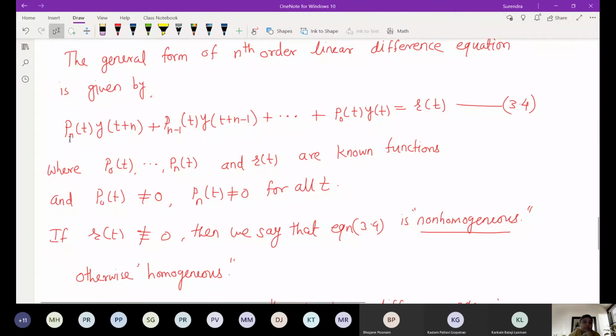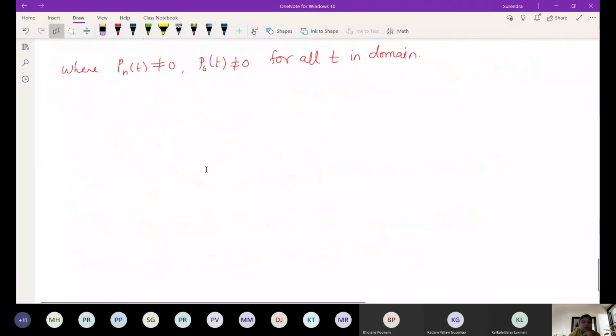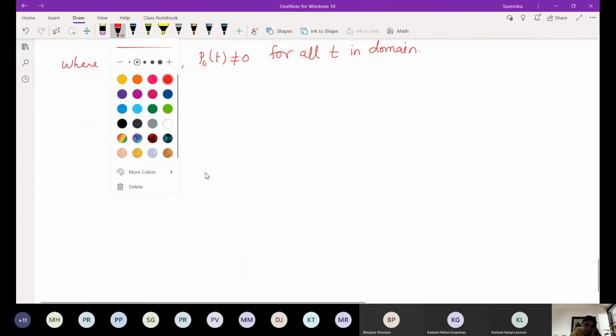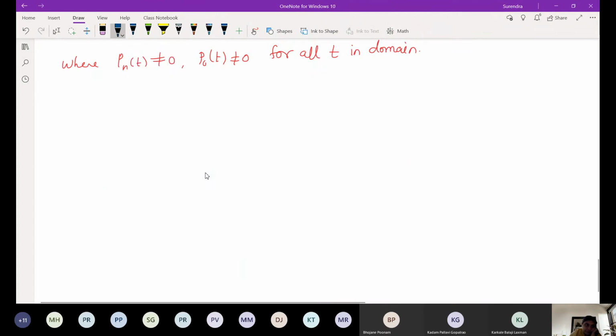If Pn(t) is 0, Pn minus 1 of t should be non-zero at that time. So how are we finding the order of a difference equation? Order of difference equation.